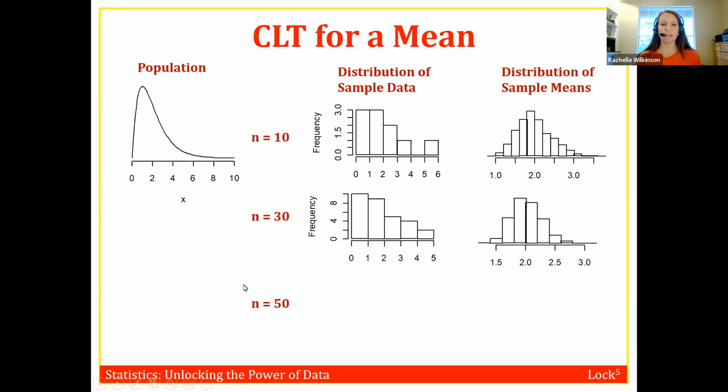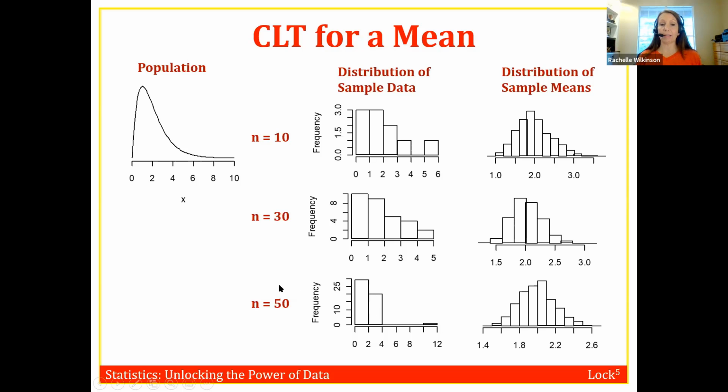And if we do that same thing, only now we take a sample of size 50, then here's what one sample of size 50 looks like, skewed. And if we look at sample means from lots of samples of size 50, and we graph those sample means, in other words, the sampling distribution for X bar, then you can see that it now follows that beautiful bell-shaped curve that we all love.